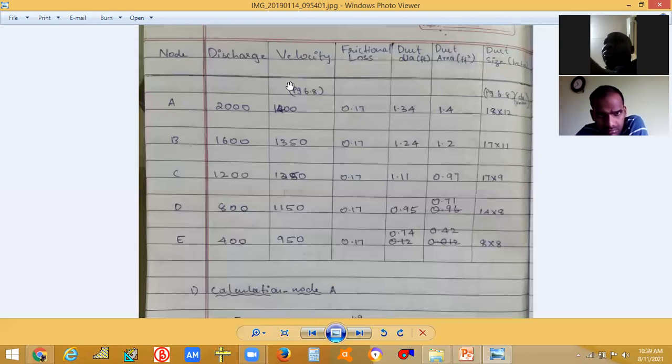So do one thing, don't write any other values in your tabular column. Draw 7 columns, write the first row with all these things, and complete the first 2 columns also, node as well as discharge. The rest we have to find out.